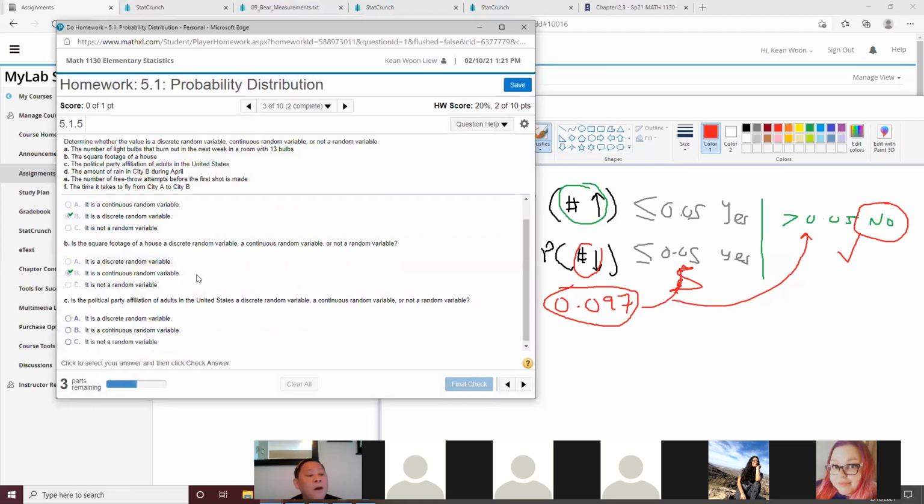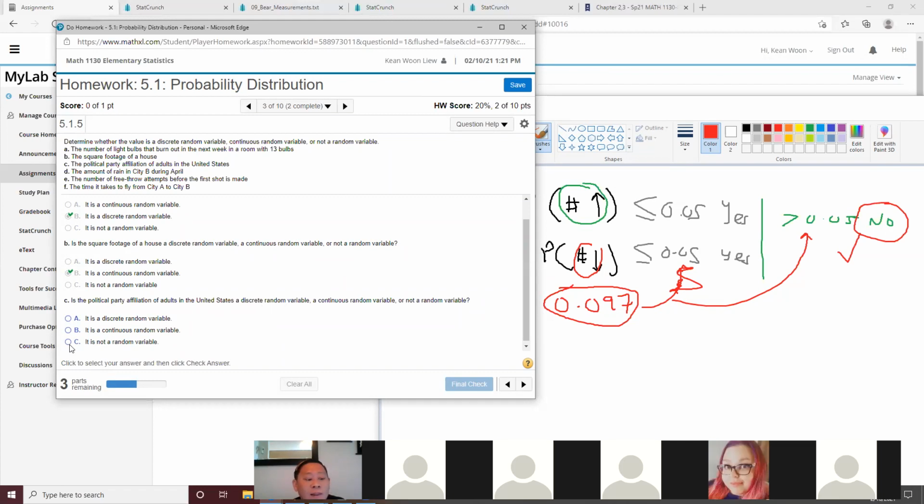How about the next one: the political party affiliation of adults in the United States? Do you know what political party affiliation is? Yes, the party you belong to, whether Democrat or Republican, or the Green Party or Independent.